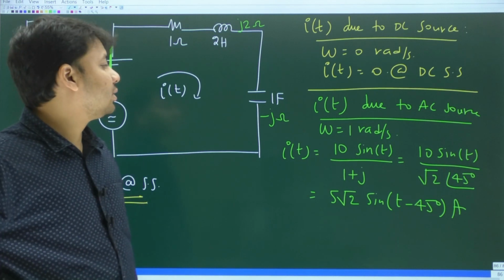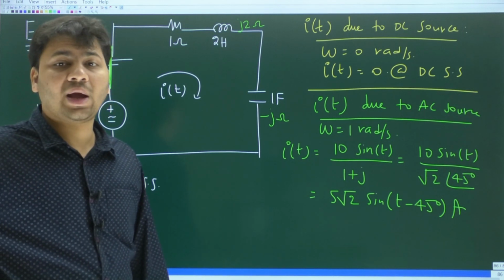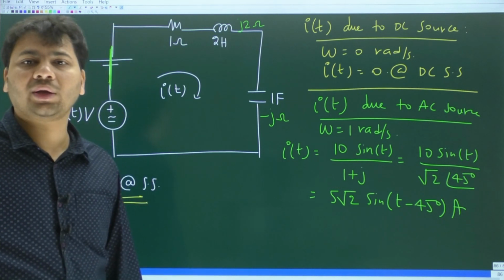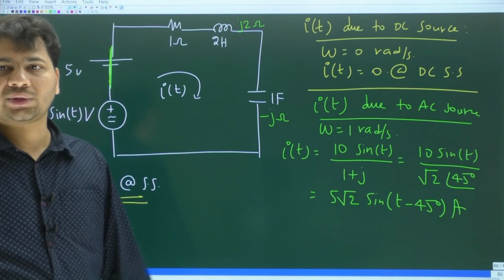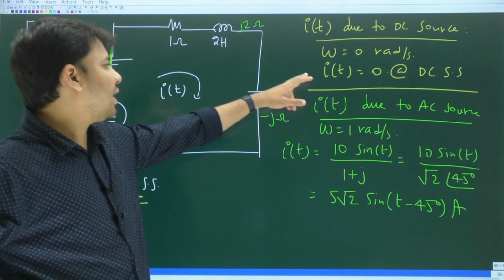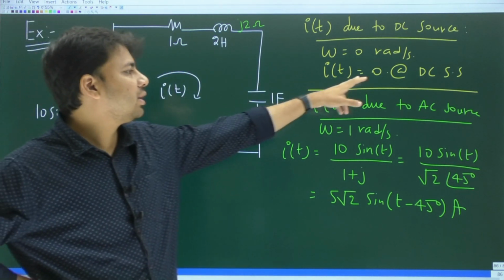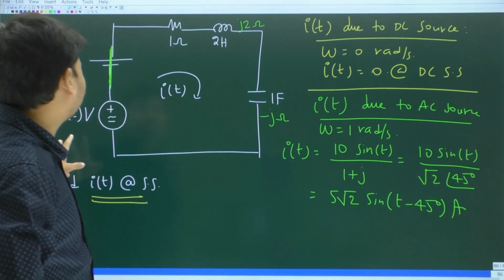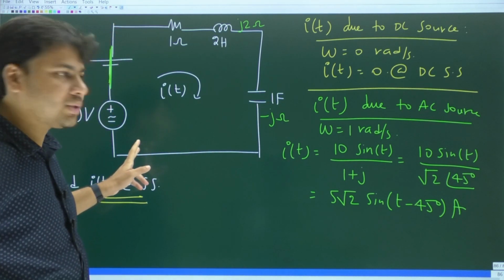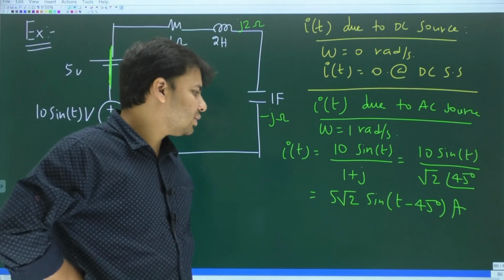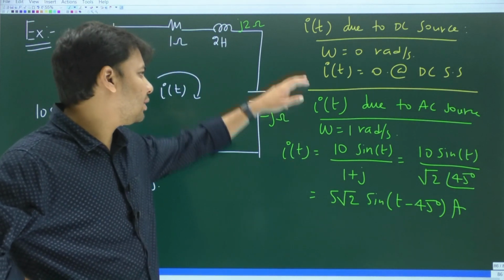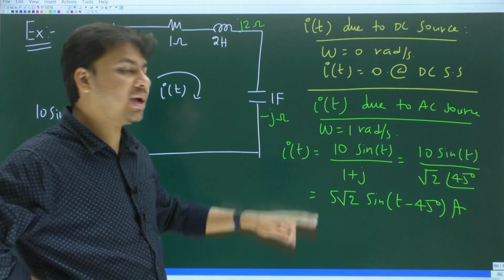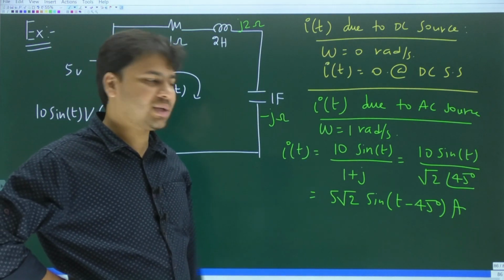Understood? But in the end, we should add the two results in the time domain. What is I of t due to the 5 volt source? It is 0 at steady state. What is I of t due to the 10 sin t volt sinusoidal source? It is 5 root 2 sine of t minus 45 degrees. If you add the two results, 0 plus anything is the same thing.